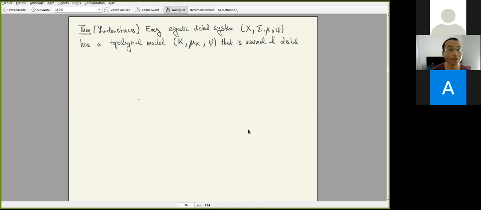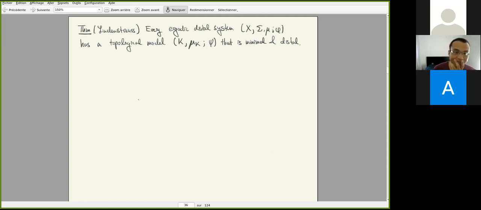And then we have the following theorem of Lindenstrauss, which actually already answers the question. So, if you have an ergodic distal system, then it has a topological model that is minimal and distal. Okay, nice. Question settled. Well, not quite.